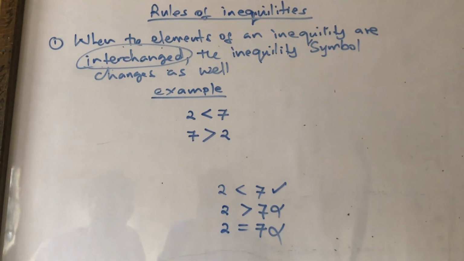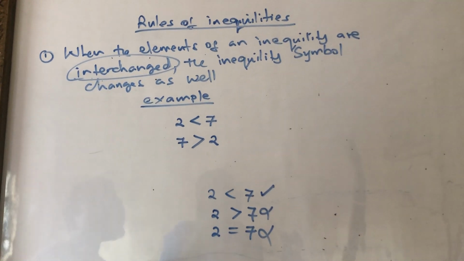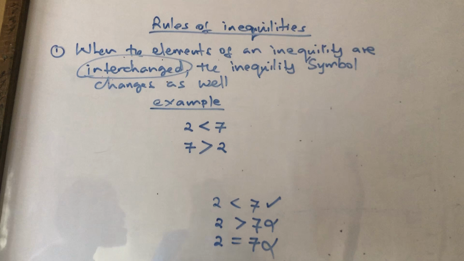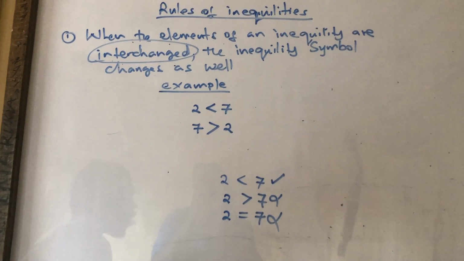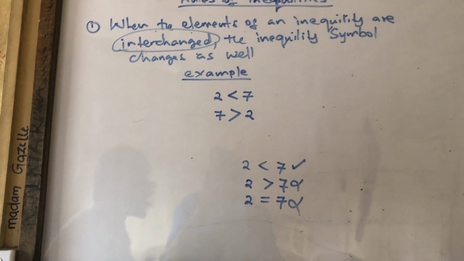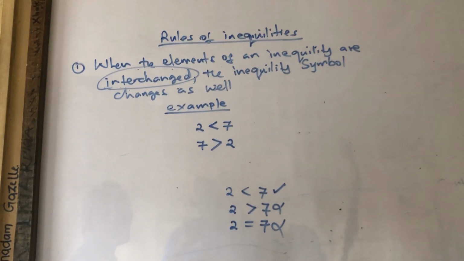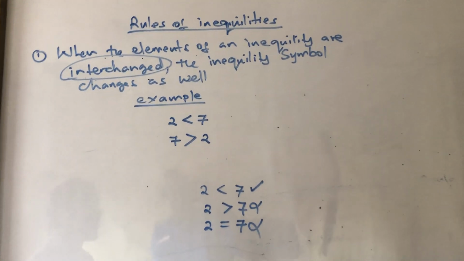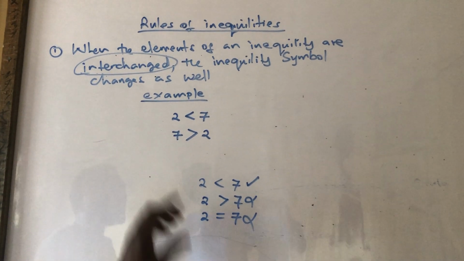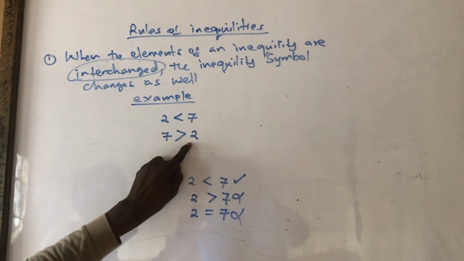I would call it common sense, but then again, I want us to take it seriously because it's a common mistake that students make. Either students forget or maybe they do not know that when the elements of an inequality are interchanged, the symbol should change as well.